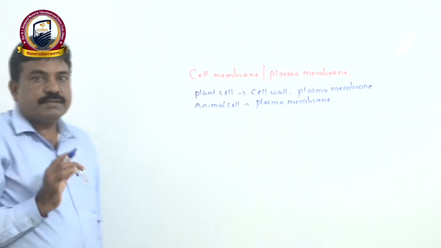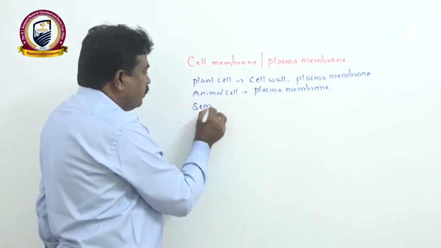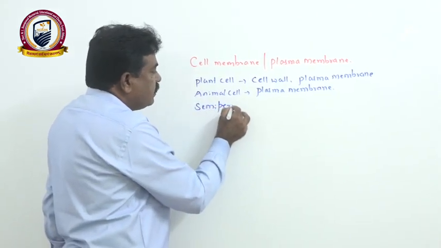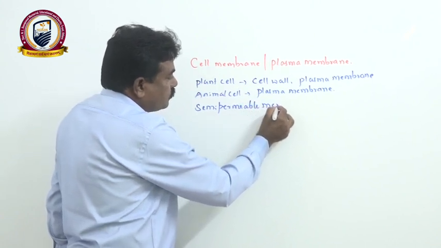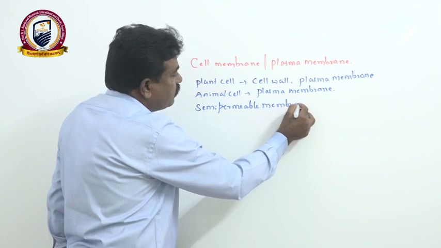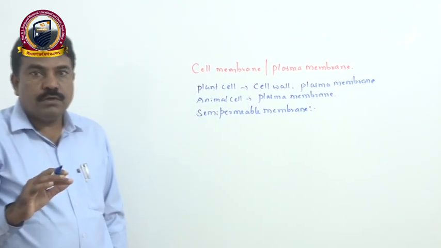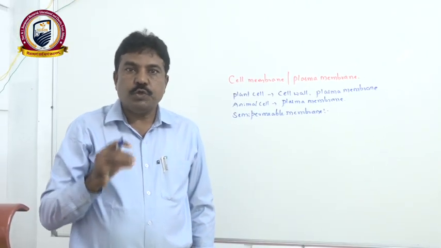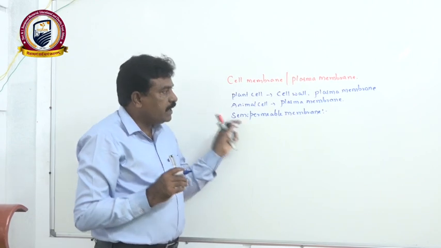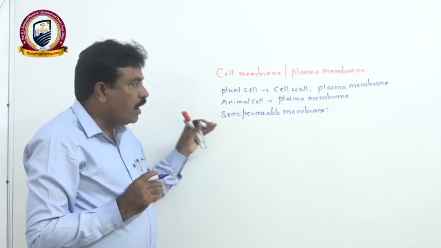Then the plasma membrane is a very specialized membrane. It is a semi-permeable membrane. As we know, the membrane which allows all solvent molecules and a few small solute molecules to pass is called a semi-permeable membrane, meaning half permeable.